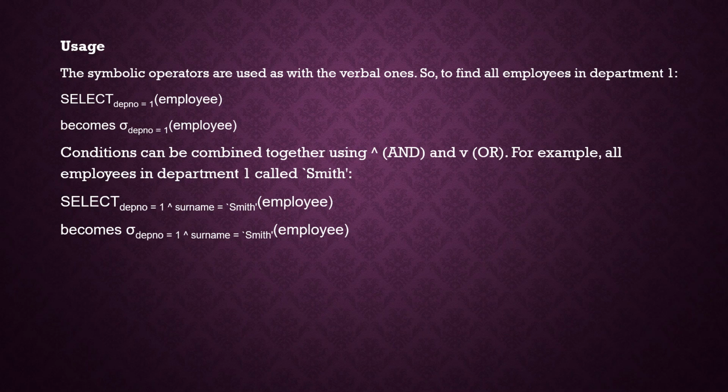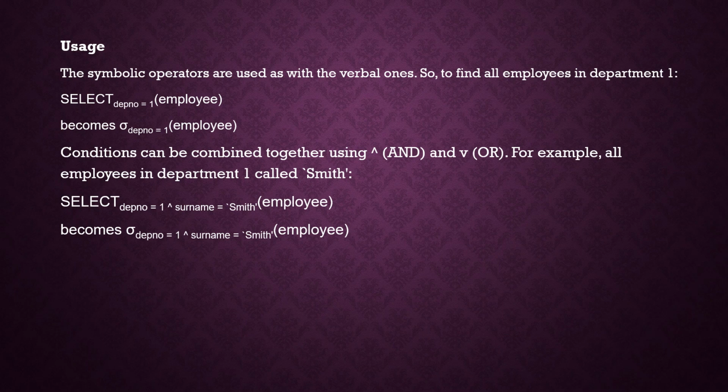Select department equal to 1 and surname equal to Smith from the employee. So we have to display all the employees whose surname equals Smith and department number equals 1, which can be represented like this: select department number equal to 1, then the AND symbol, surname equal to Smith from employee. Instead of select you can use sigma.